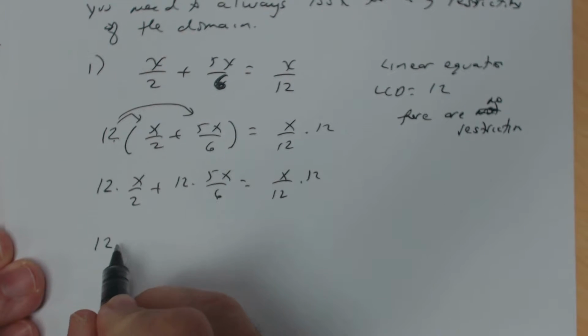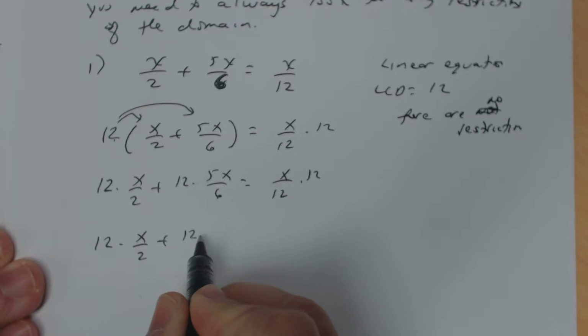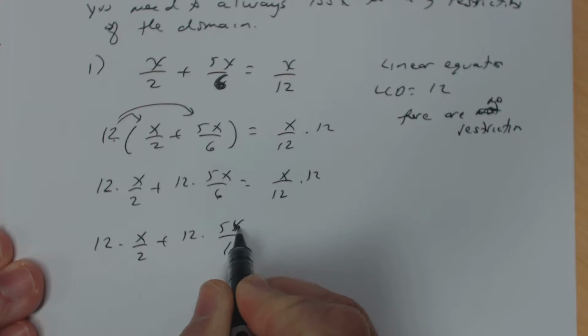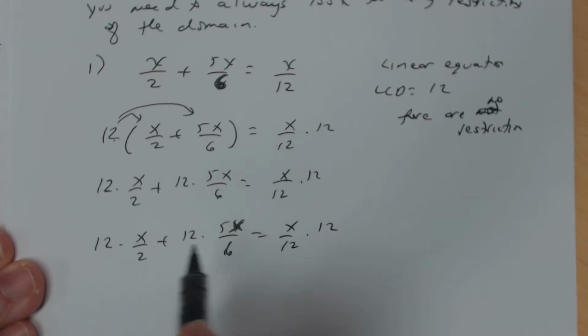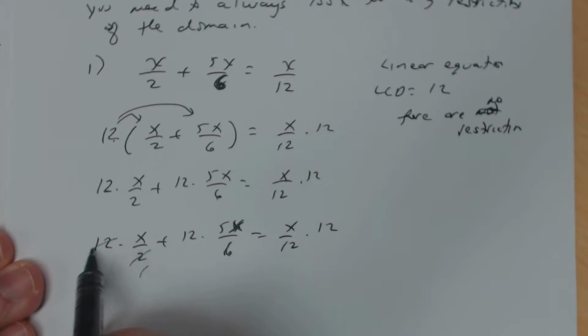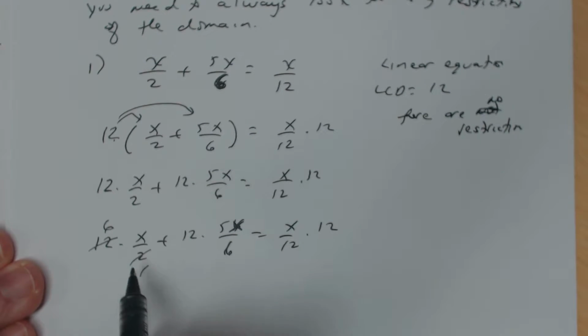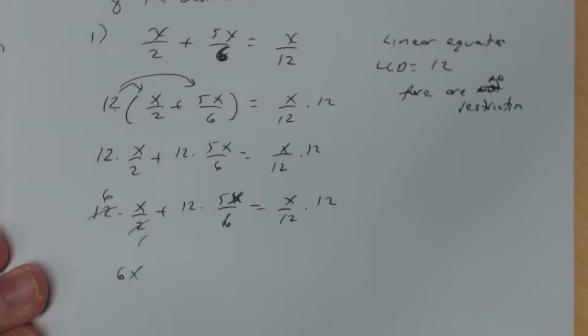Now let's reduce. So I'm going to rewrite this over, and I'm going to reduce after I rewrite it. Okay, so 2 to 2 is 1, 2 to 12 is 6, 6 times x is 6x. So notice I cleared the fraction.